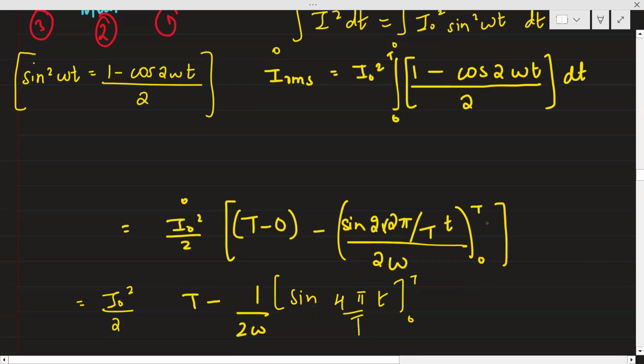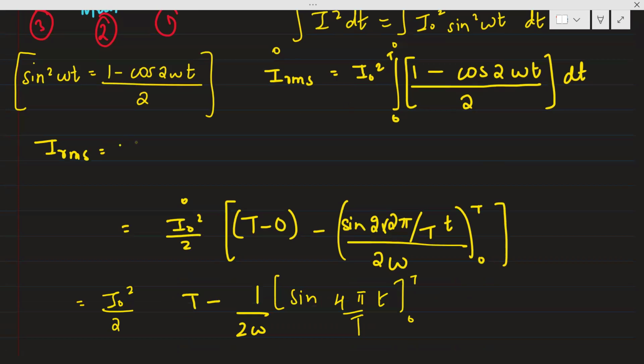Now limits are from 0 to capital T. So I RMS will be I naught square, this 2 will come out, this will be 1 minus cos 2 omega t. We can put the limits directly also after expanding one step.